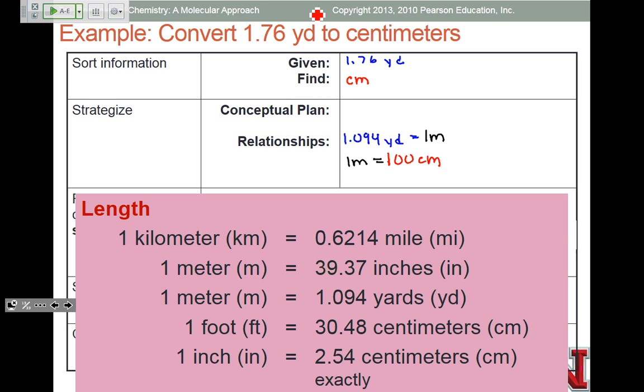And again, you do need to know those conversions. So I don't just have one relationship, but multiple relationships. In this case, sometimes you will have one.